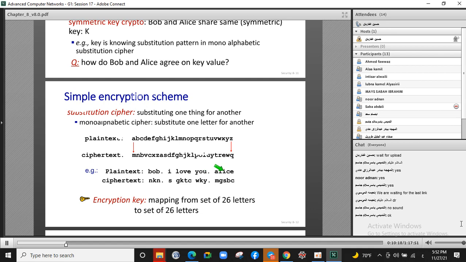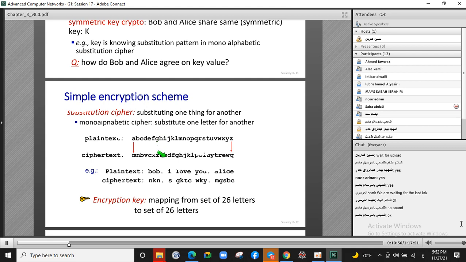According to this key, to these substitution rules, instead of B, I should use N. We have two B characters here, so I'm replacing those B's with N. Instead of O, I should use K, so this O is replaced by K, here again, and here again.